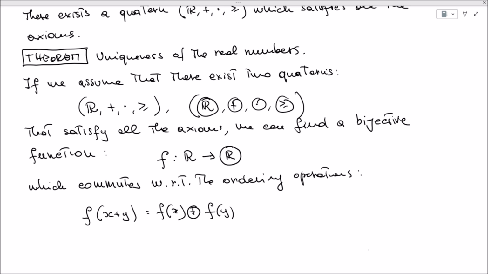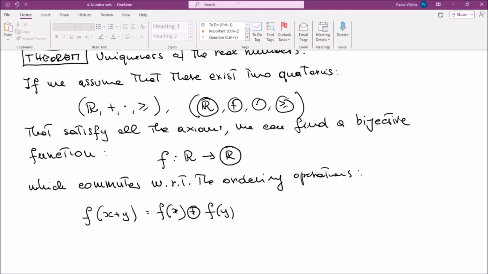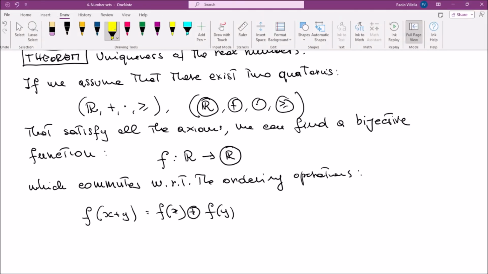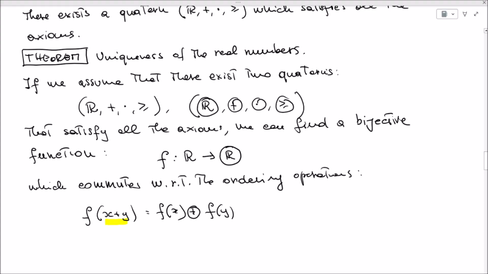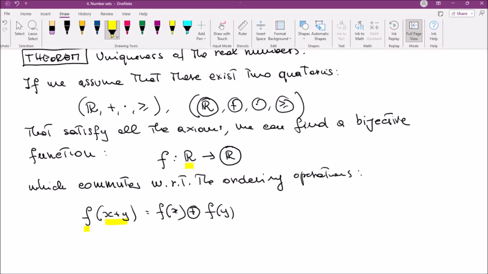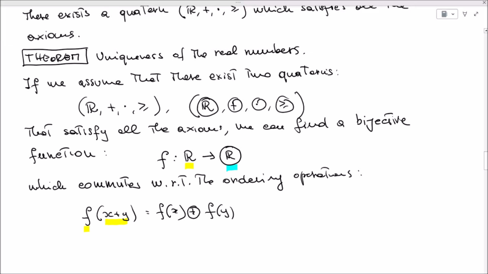So what I'm writing is that I will start with two elements in the first set R, and I will evaluate the sum, which is another element in R. Then I take the image through f, and of course I will get now an element that belongs to R circle.